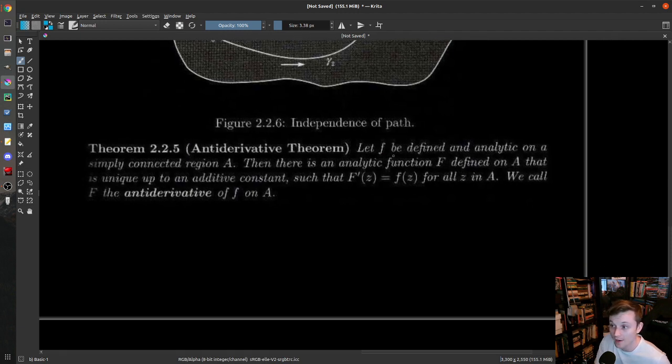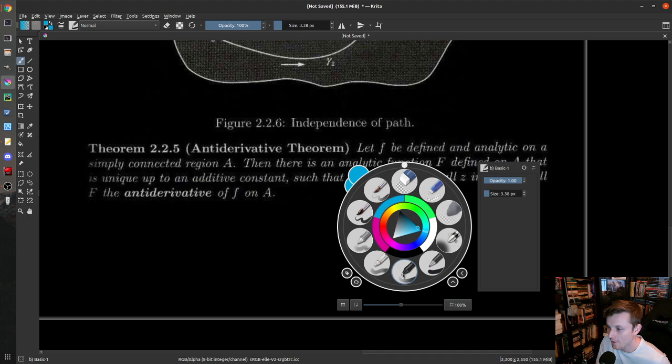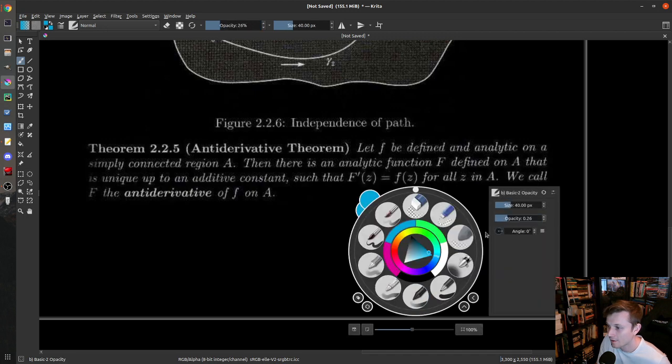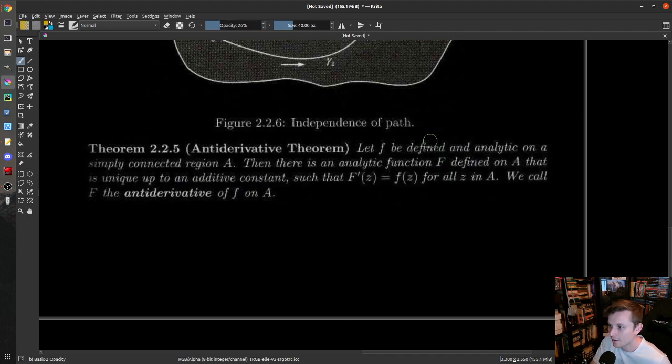Here we have f, an analytic function, defined and analytic on a simply connected region A, yet again. Then there's an analytic function big F defined on A that is unique, and that's a big deal, up to an additive constant, such that F prime of z is equal to little f of z for all z in A. That's the antiderivative of f on A, or an antiderivative, right?